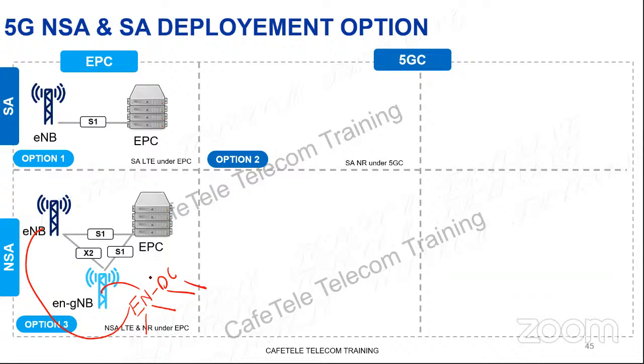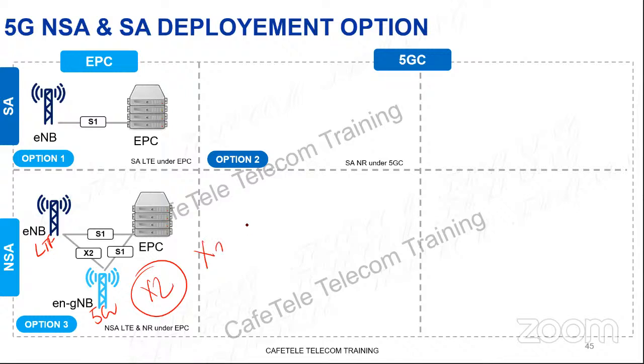The 5G gNode B here and this LTE are connected via the X2 interface, the previous tech one actually. It means whatever configuration we have to perform in the ENDC scenario with the EPC, we always use the X2 interface rather than the Xn interface. The Xn interface we only use when it's required to connect with the 5G core network. But in the previous day, we were using this one.